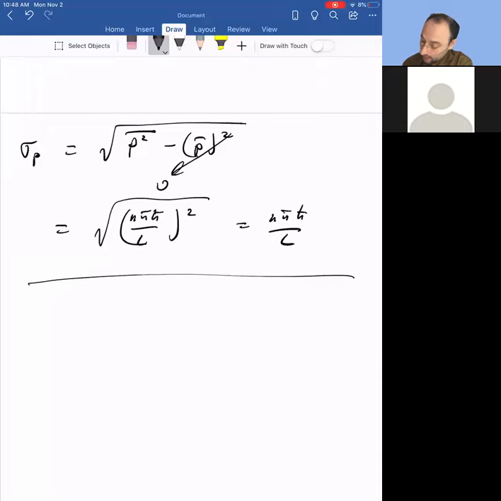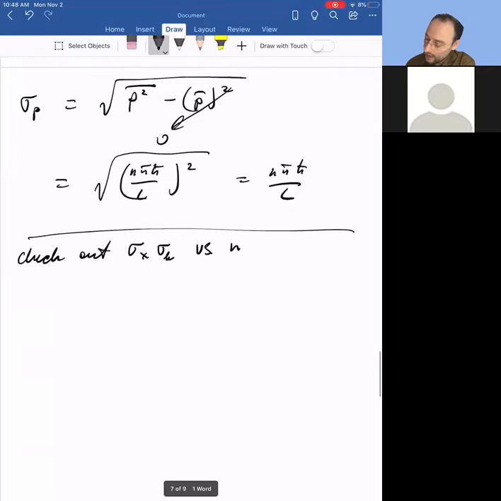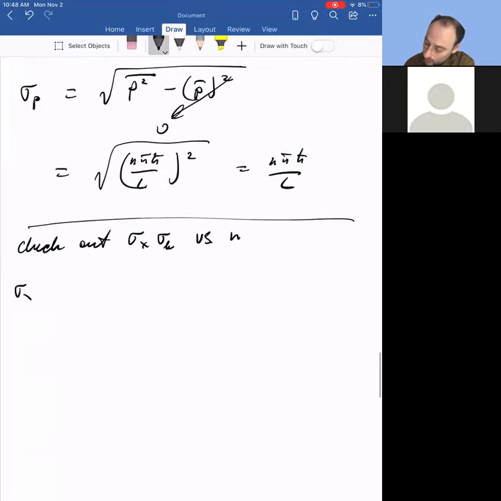Finally, I can check out the product versus n. I can calculate the product for the first mode, for the second mode. The sigma x we computed last time.